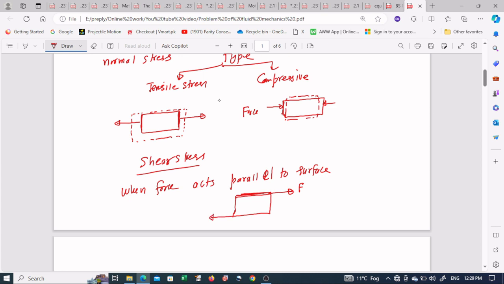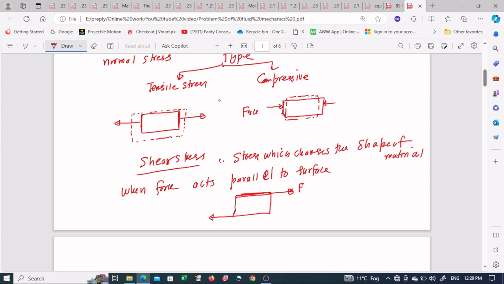Shear means it is a stress which changes the shape of material.